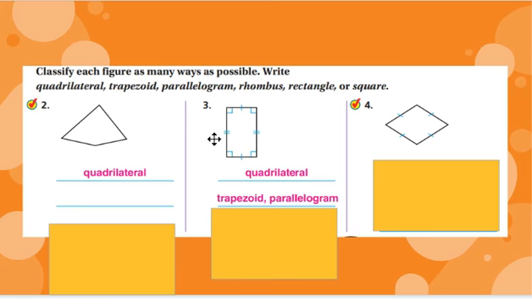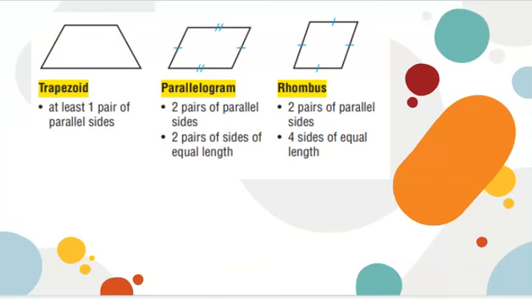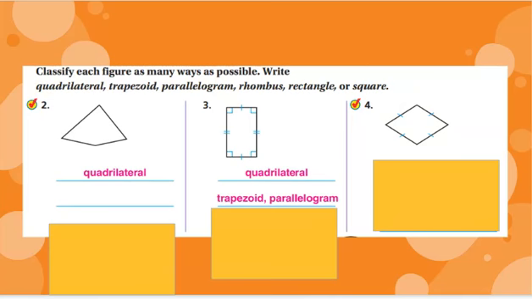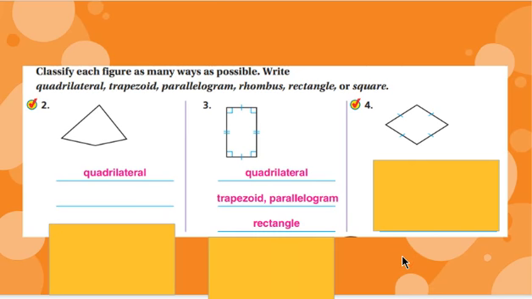Yeah, it does. So it fits the criteria needed for a trapezoid. Crazy. It says it's also a parallelogram. Oh my goodness, did you get that as well? 2 pairs of parallel sides, and 2 pairs of equal length. So a rectangle is also a parallelogram. Oh my goodness. I know, my mind is blown too.